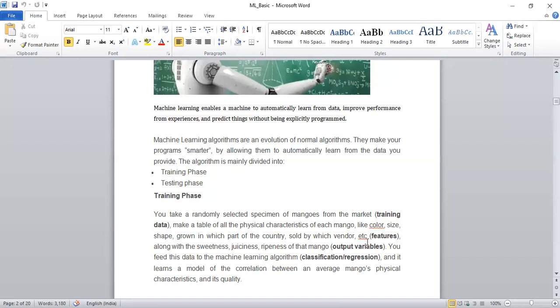So feed this data means features along with these output variables. And it learns a model of the correlation between an average mango's physical characteristics and its quality.